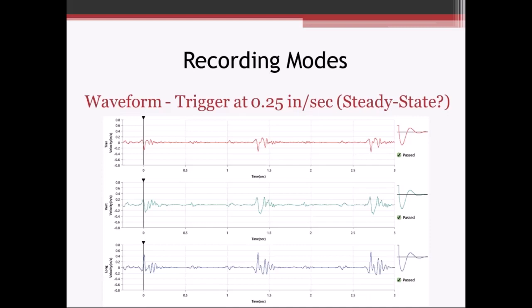Here we've got another waveform trace. This is pretty consistent with what we would see with pile driving. So we've got our 0.25 inches per second. It hit it right here at this trace on the longitudinal direction. The longitudinal direction is the direction towards the vibration source.